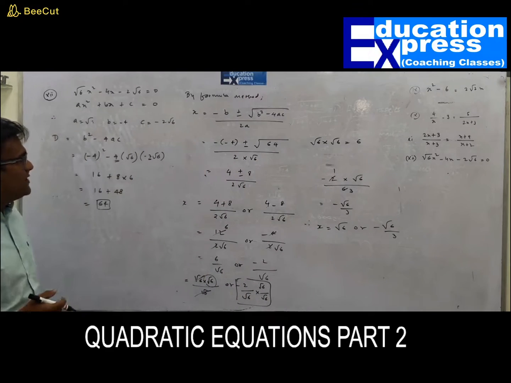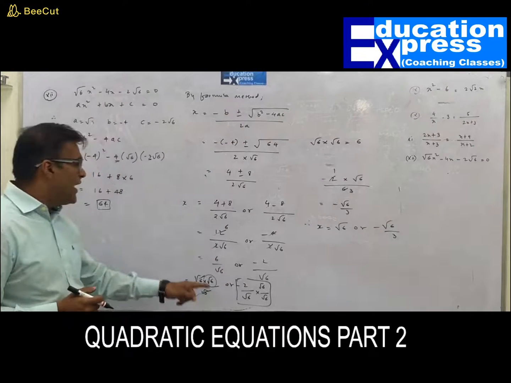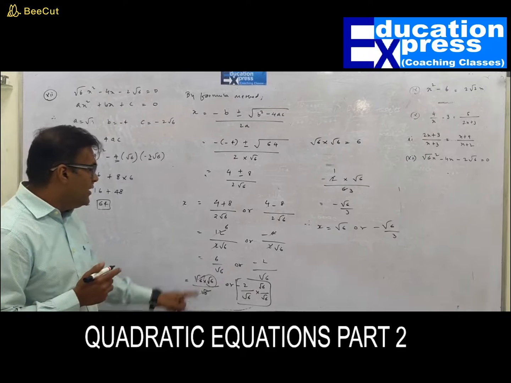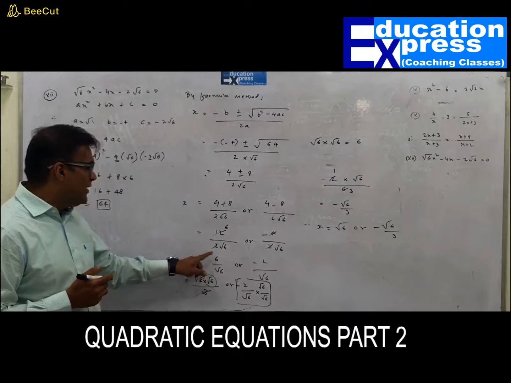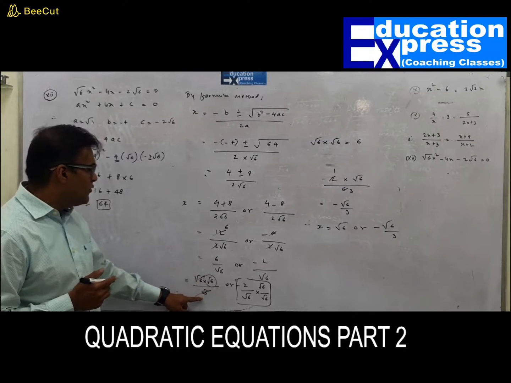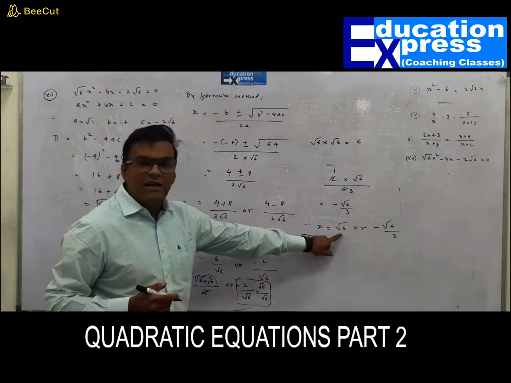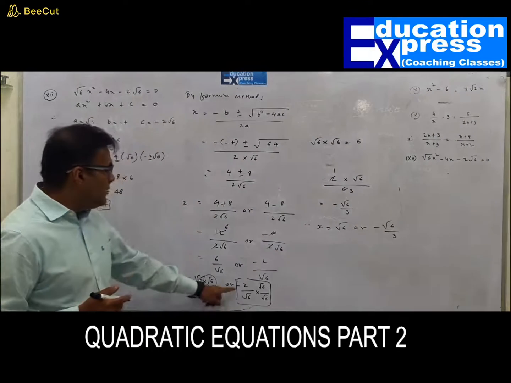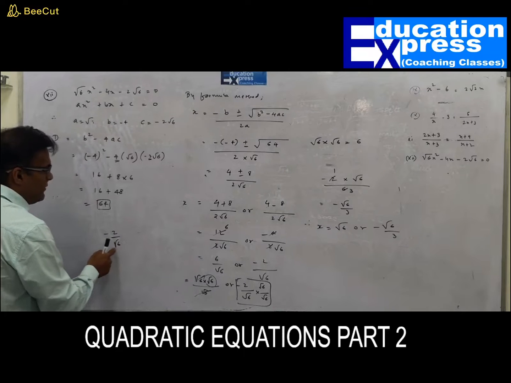Everything else was very simple until here we reached. For the first time we have tried to do the rationalization of the denominator. This is very simple because 6 was available. 6 could be written as root 6 into root 6 upon root 6. Root 6 will get cancelled. Ultimately you will get the answer as root 6. But when we come to this part, which is minus 2 upon root 6, we have to eliminate this root 6.